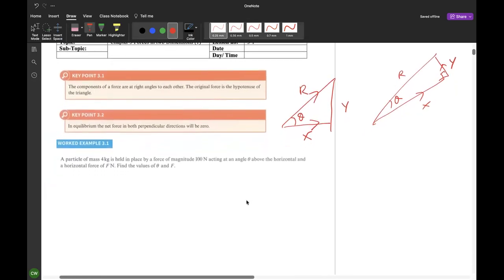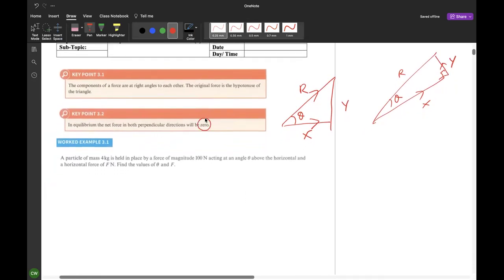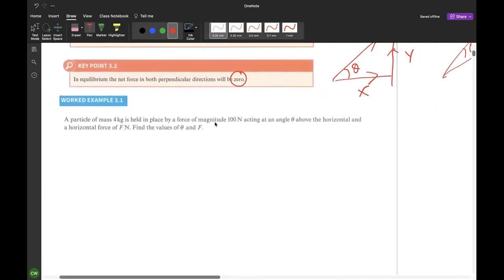Okay, so in equilibrium, the net force will be zero. Zero net force. An object is held in place by a 100 Newton force above horizontal. Horizontal is here. Above horizontal means it's up like that, and this is theta, 100 Newton. There is also a horizontal force.